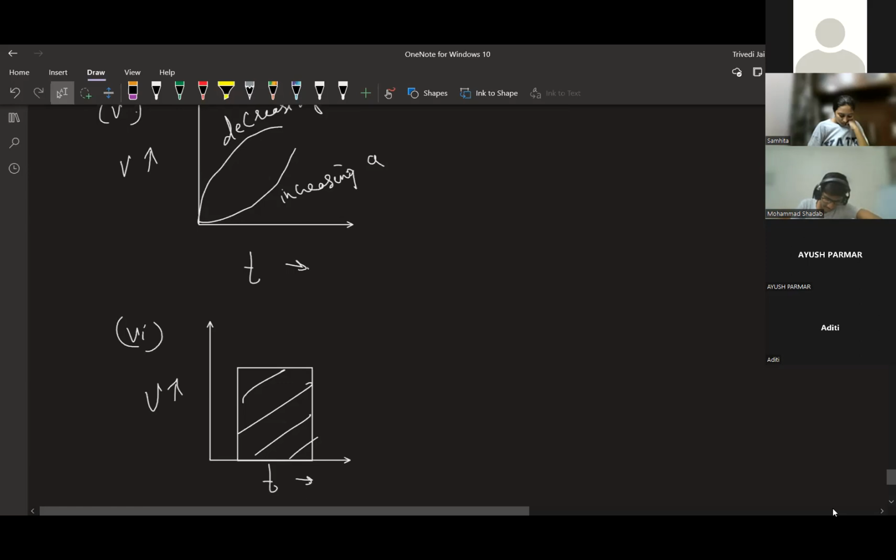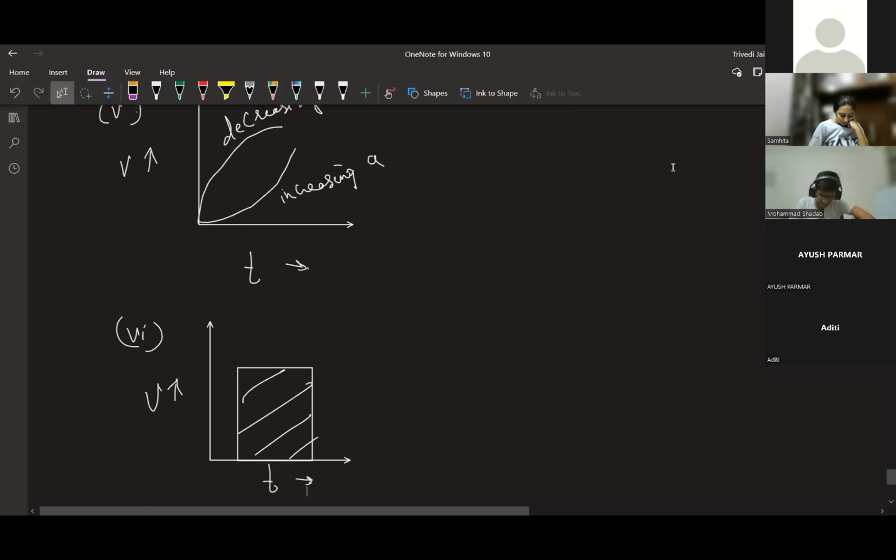So what will it show? Would it show acceleration? Acceleration is a slope. I think it is displacement, right? Okay.